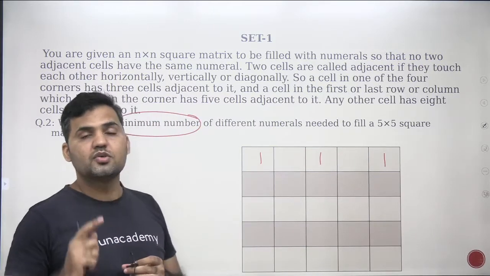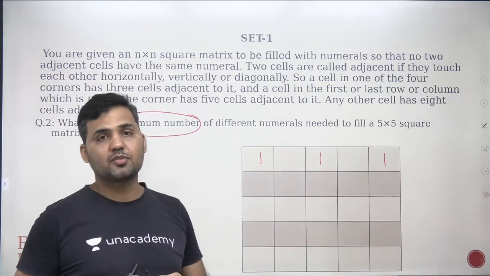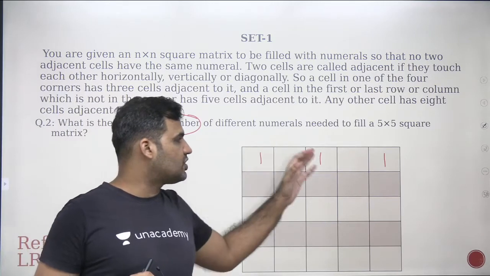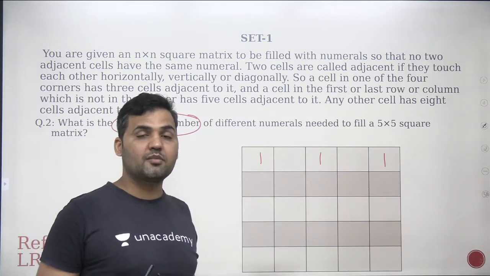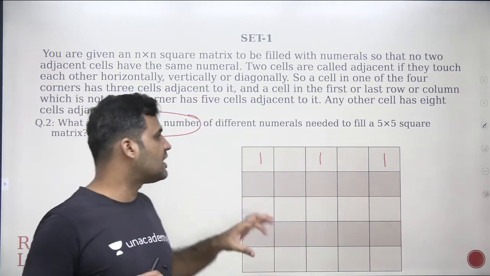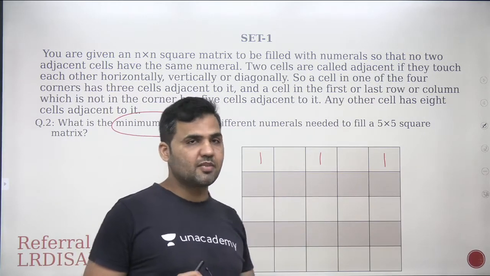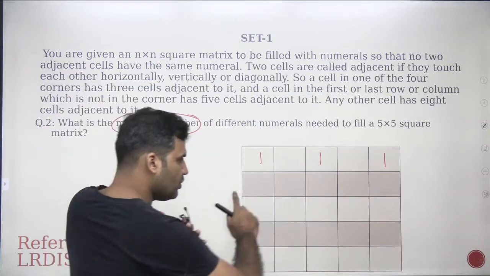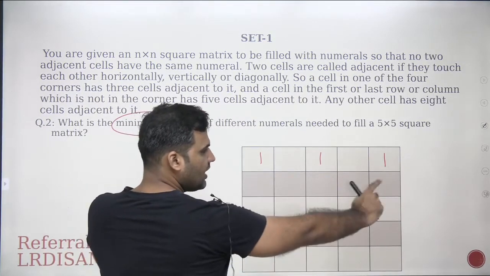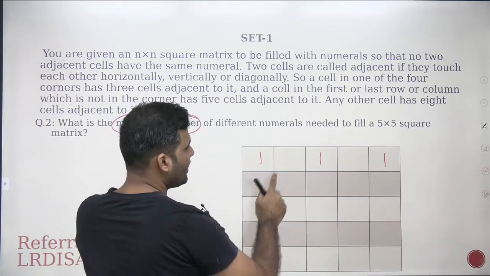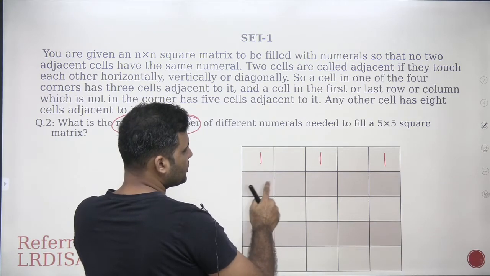You're supposed to use 1 as many times as possible, because when you use a digit the maximum possible number of times, the total number of digits required to fill this 5 into 5 square matrix will get minimized, right? So can we use 1 in any cell in this second row? No. Why? Because these two cells are adjacent to this particular cell.